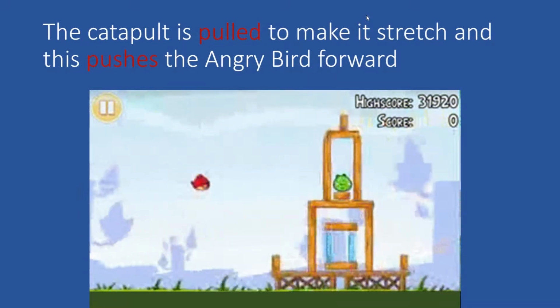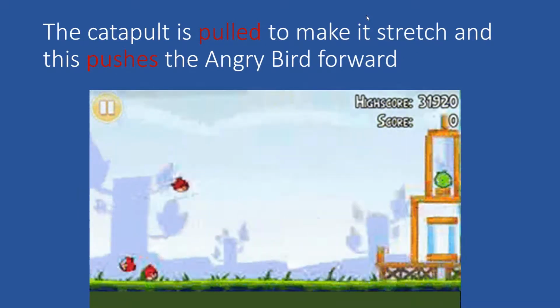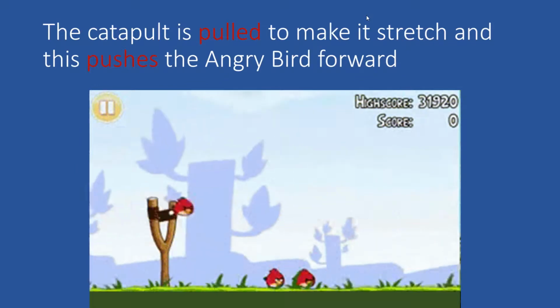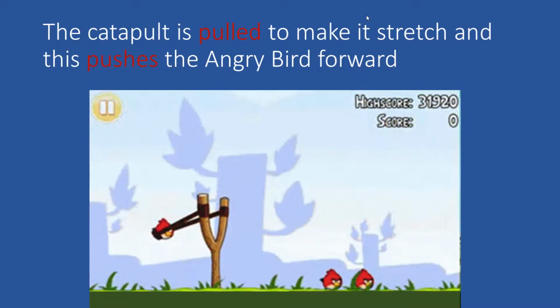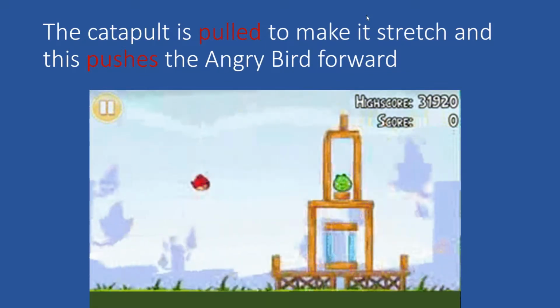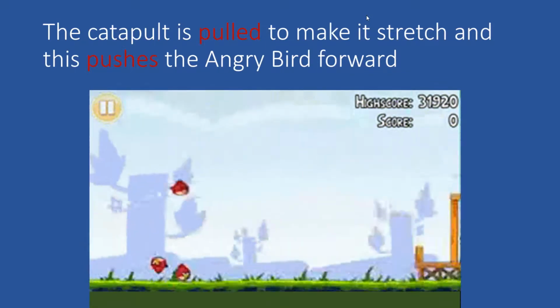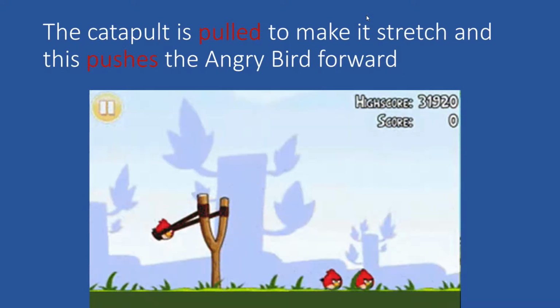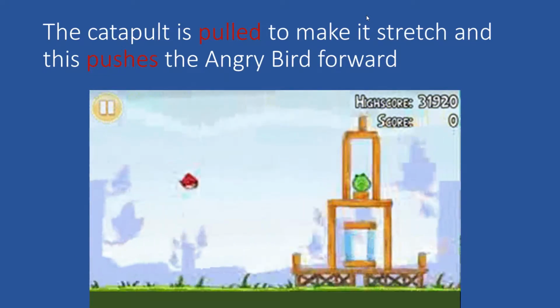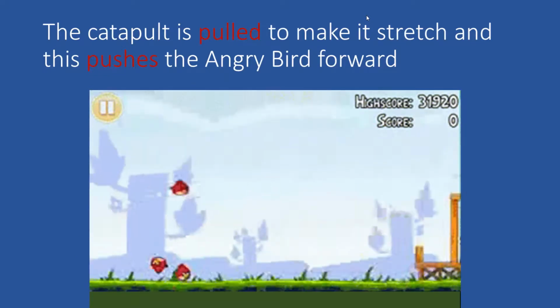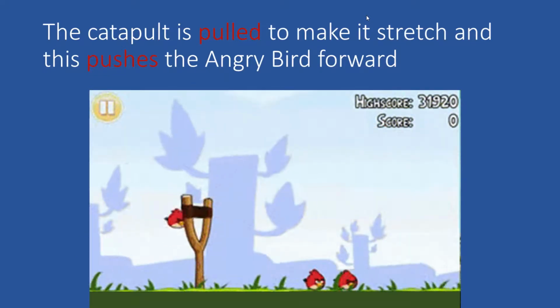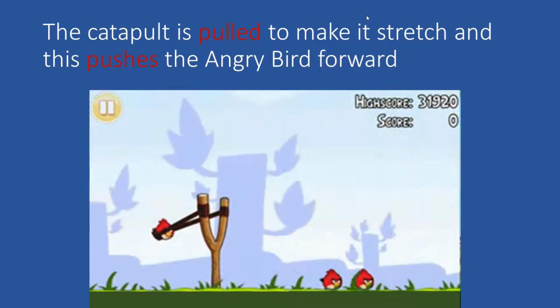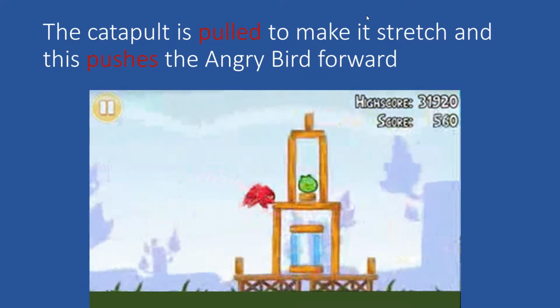The catapult is pulled to make it stretched, and this pushes the angry bird forward. So when we pull the catapult, it makes the angry bird move forward. When we stretch this catapult, it pushes the angry bird to move forward.